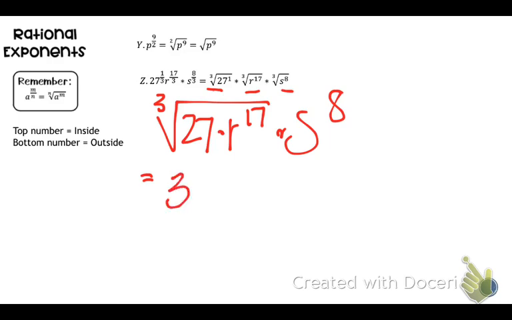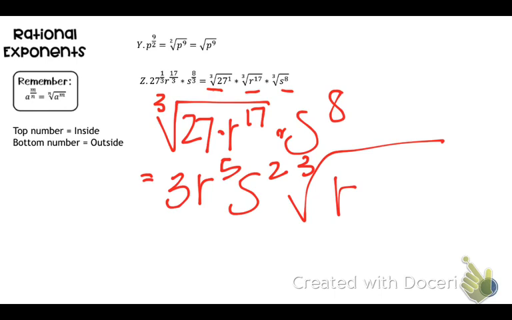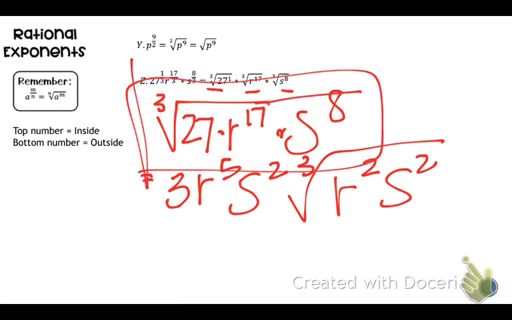The cube root of r to the 17th, so that goes in 3, 6, 9, 12, 15, 5 times, so that's going to be r to the 5th. And then s squared, and you're left with r squared, so this was 15 of them, so you're left with 2 in there. And this was 6 of them, so you're left with 2 right there. Okay, this answer right here is what I was looking for, though.